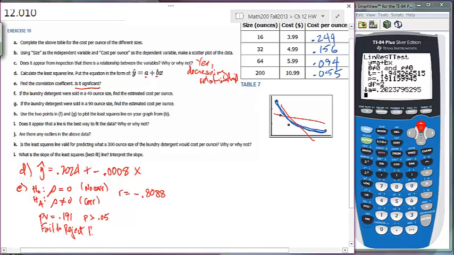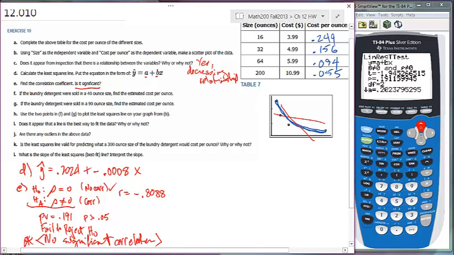And when we fail to reject the null hypothesis, we stick with no correlation. And let's call it no significant correlation. So this is an important result to say that there's no correlation.